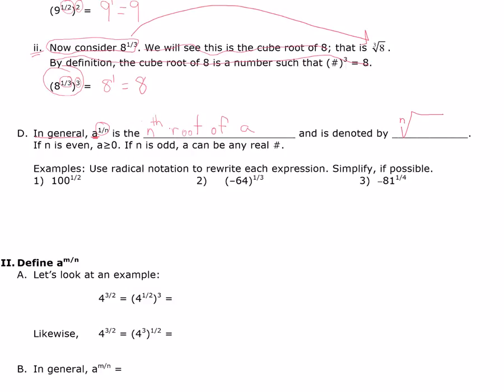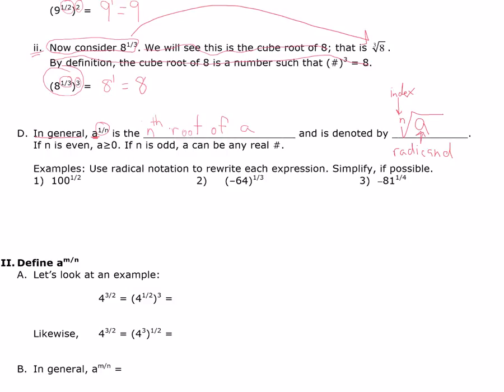The index is n, and my radicand is A. Whenever I say the nth root of A, this is how we denote it, and that A is our radicand. That's how we denote this, and this is called radical notation.